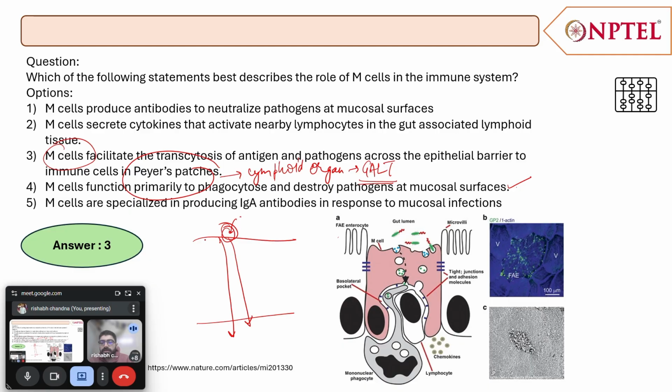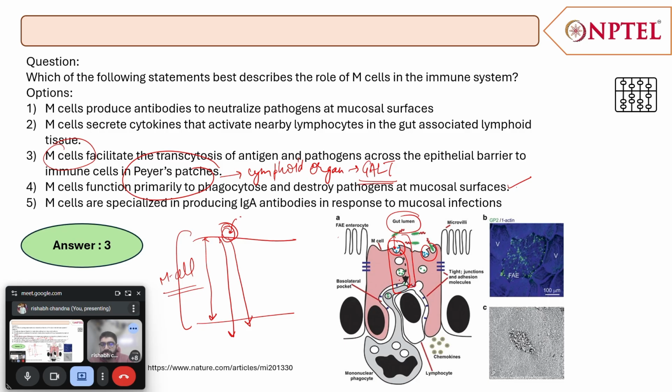So this is an M cell. As we can see here, it has receptors for the particular pathogen, and it can attract these in the gut lumen, and transport it to the other side where different other cells are present. So this process of transferring from one side to the other is called transcytosis.